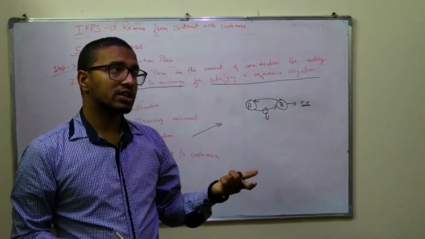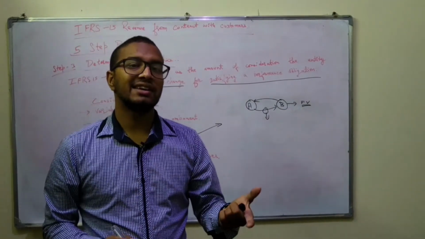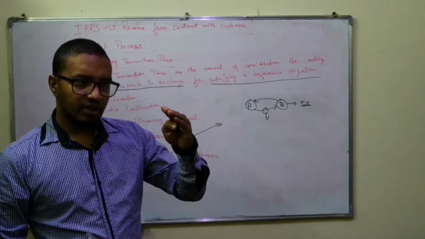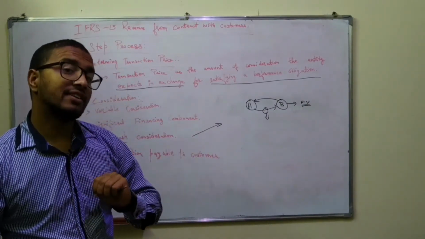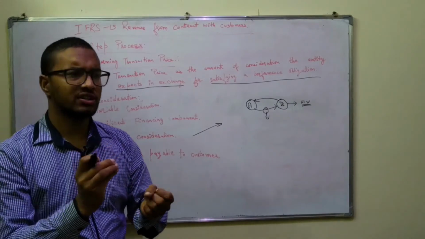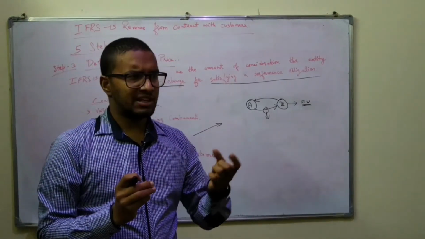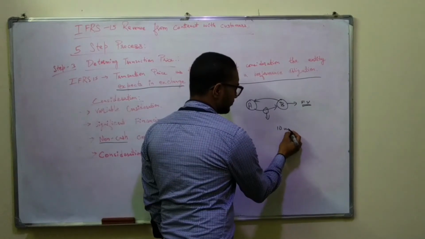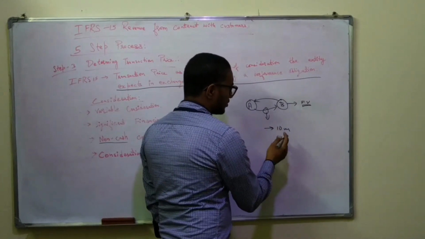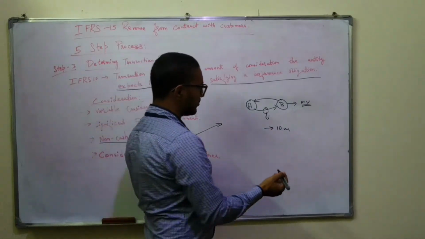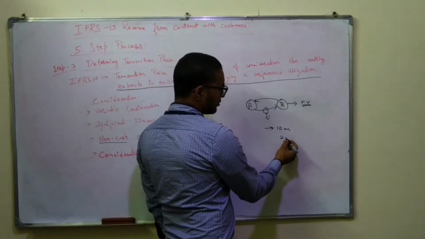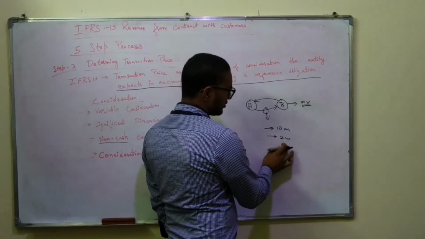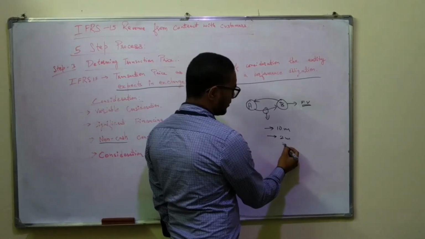So what the supplier does is reduce the amount from the transaction price itself, based on the proportion of the goods bought, or based upon the agreement. Suppose the contract was 10 million, and the customer only bought 2 million, and the expenses were, let's say, 3 million.